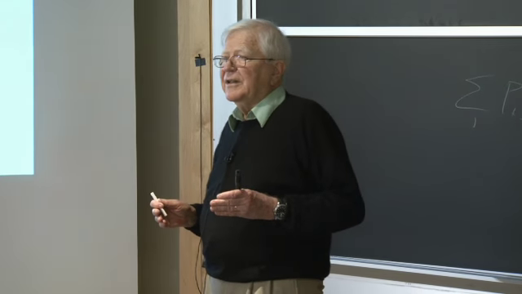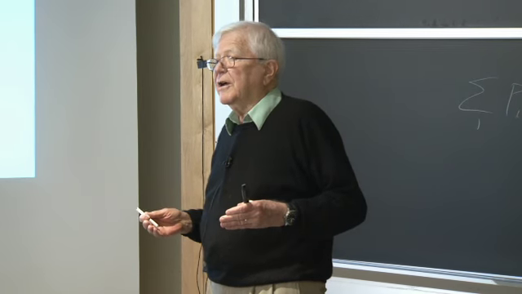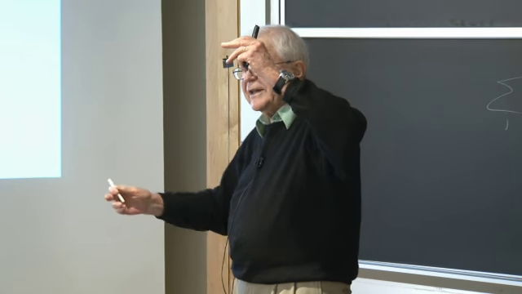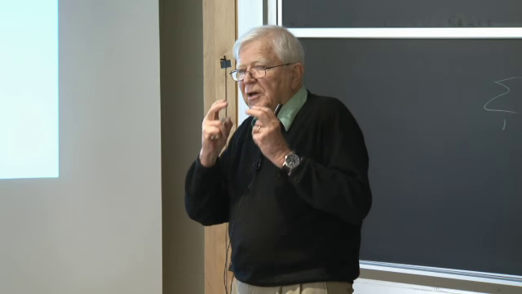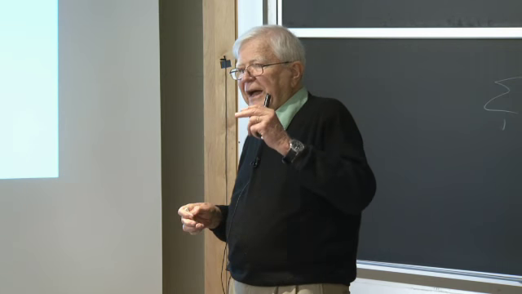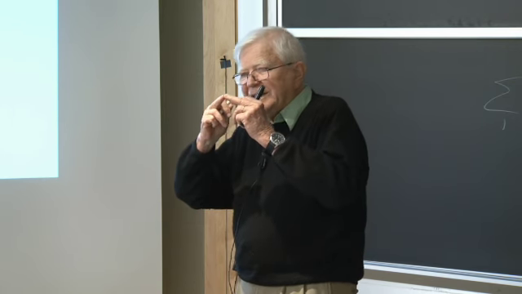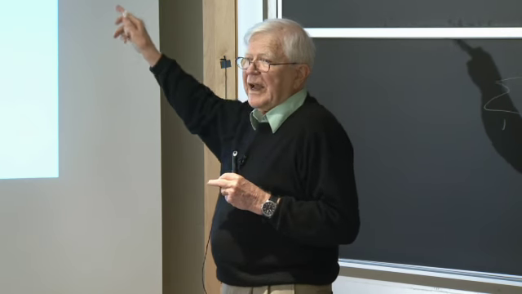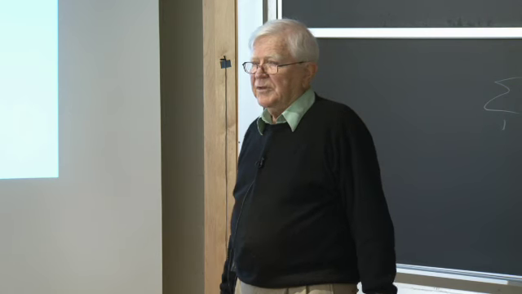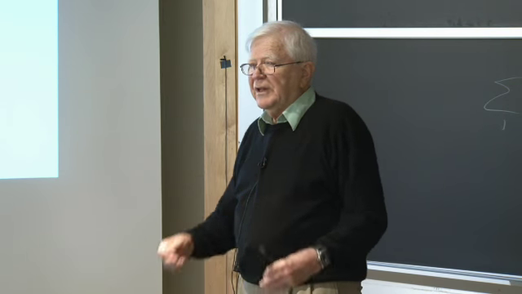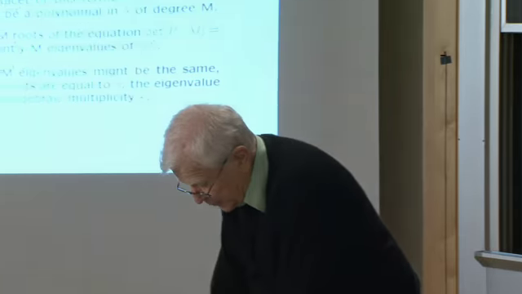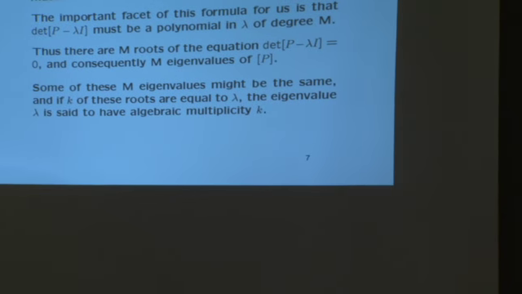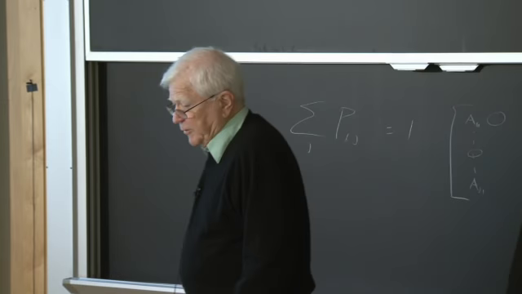There's one flaw in that argument, and that is some of the roots might be repeated. So you have m roots altogether, some of them appear more than one time, so you have roots of multiplicity something or other, and when you add up the multiplicities of each of the distinct eigenvalues, you get capital M, which is the number of states. So the number of different eigenvalues is less than or equal to M, and the sum of the multiplicities of the distinct eigenvalues is equal to M.